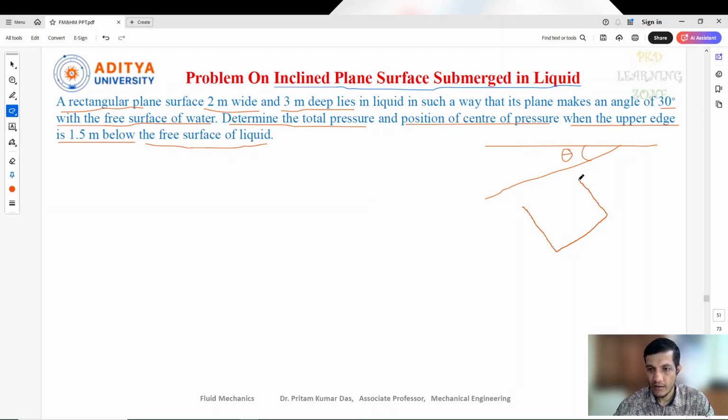Let's assume that this is a rectangular plane, though it is not properly rectangular. Here I'll mark the center of gravity and the center of pressure. This is the G point and this is the P point, and this is the inclined one.